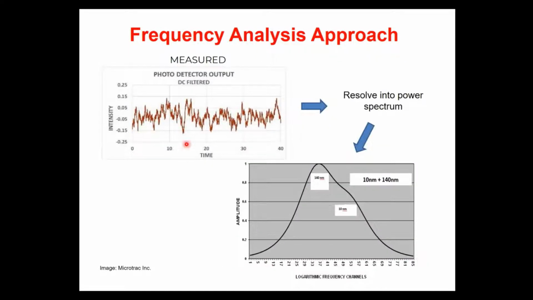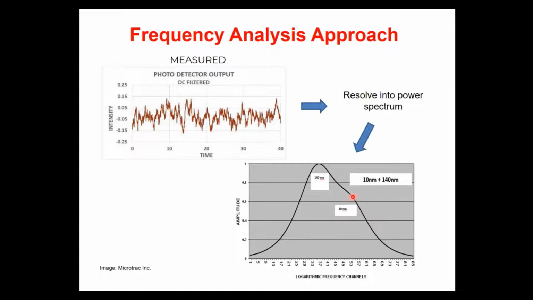So in a frequency analysis approach, we are going to start with this varying intensity signal, resolve the frequency components that are found in this signal, and then plot the frequency shifts on a logarithmic scale of frequency shift. In this example, we know that we've got some larger particles, 140 nanometers, and some smaller particles at 10 nanometers, which are producing a frequency shift higher in frequency.